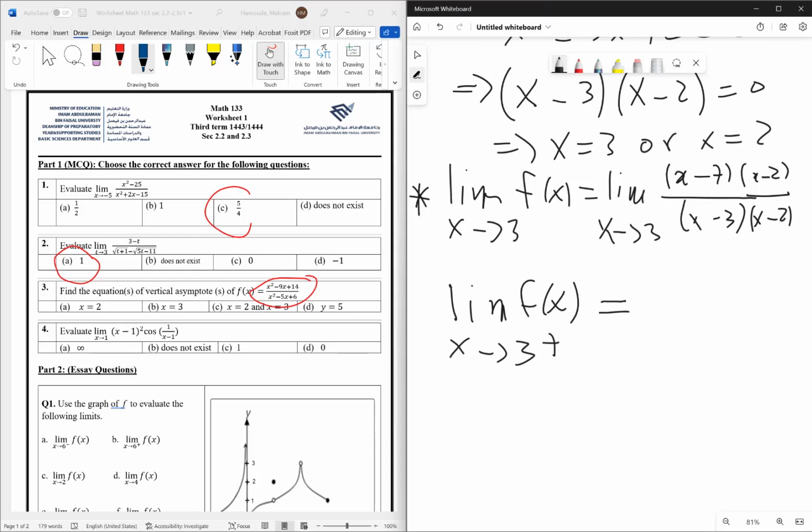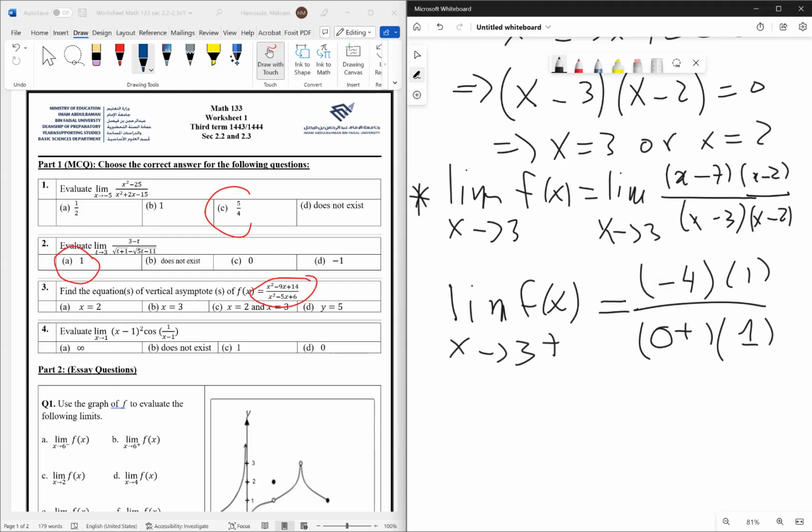So when it is 3 plus, I will replace in the expression 3 plus minus 7, that's negative. Okay, so we can compute it. It's minus 4 times 3 minus 2, so 1. And here, x minus 3, when x is 3 plus, so it's 0 plus, times 3 plus minus 2, that means 1 in terms of limit.